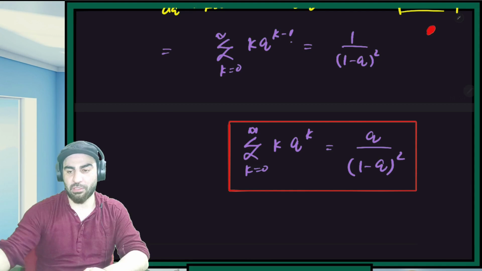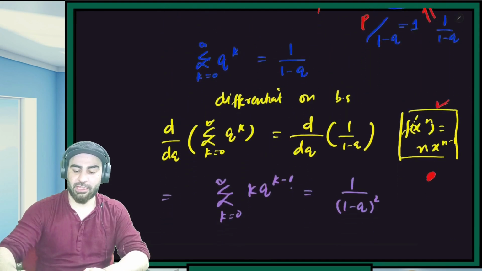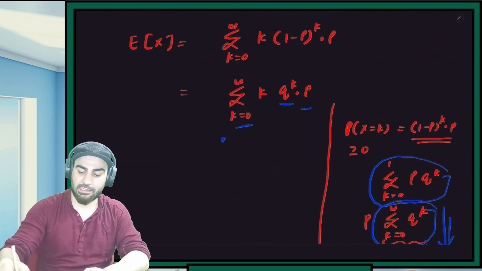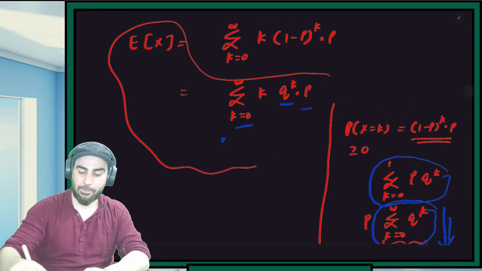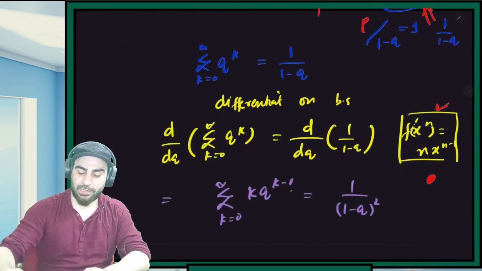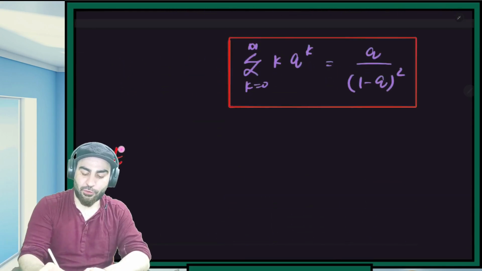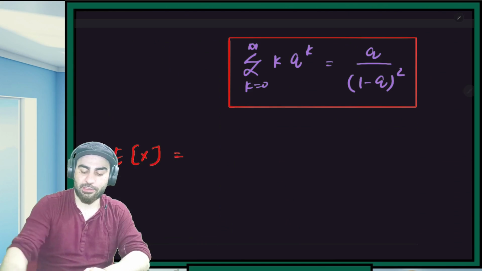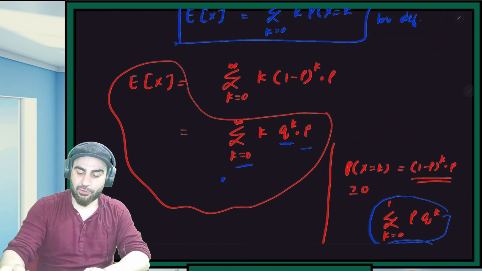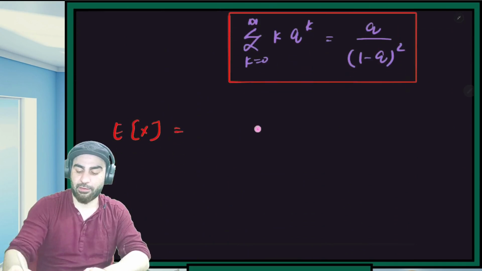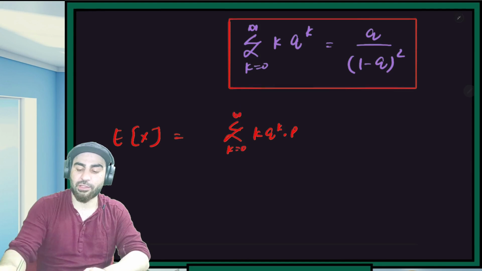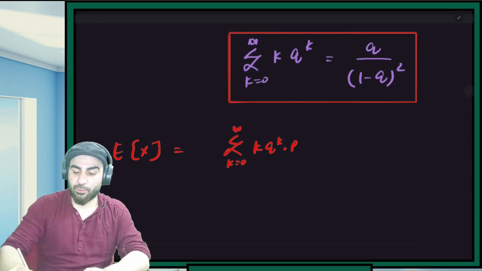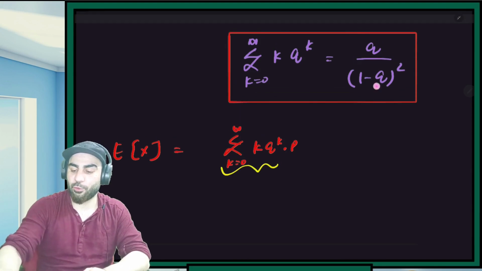Once I substitute this, I can say expectation of x is equal to the summation of k q^k. Now I know the value of this portion.